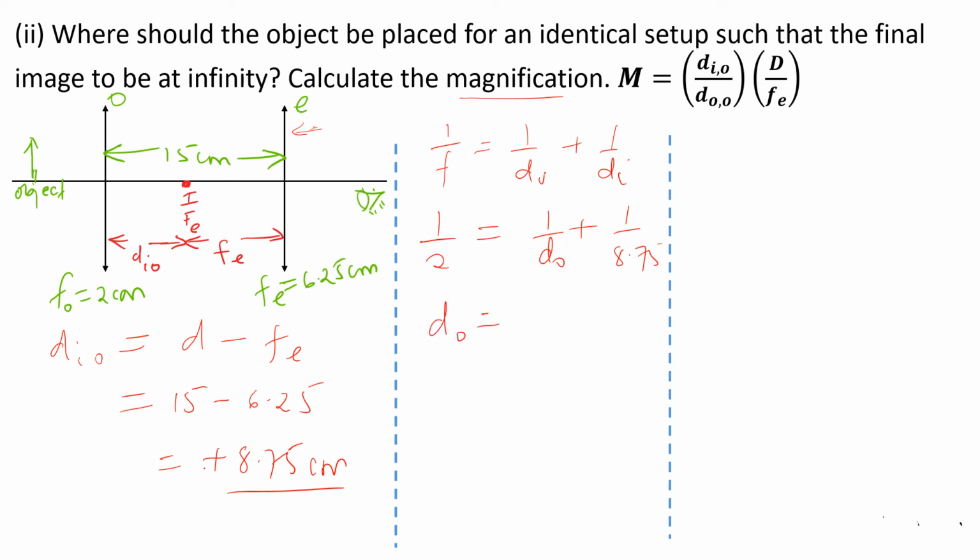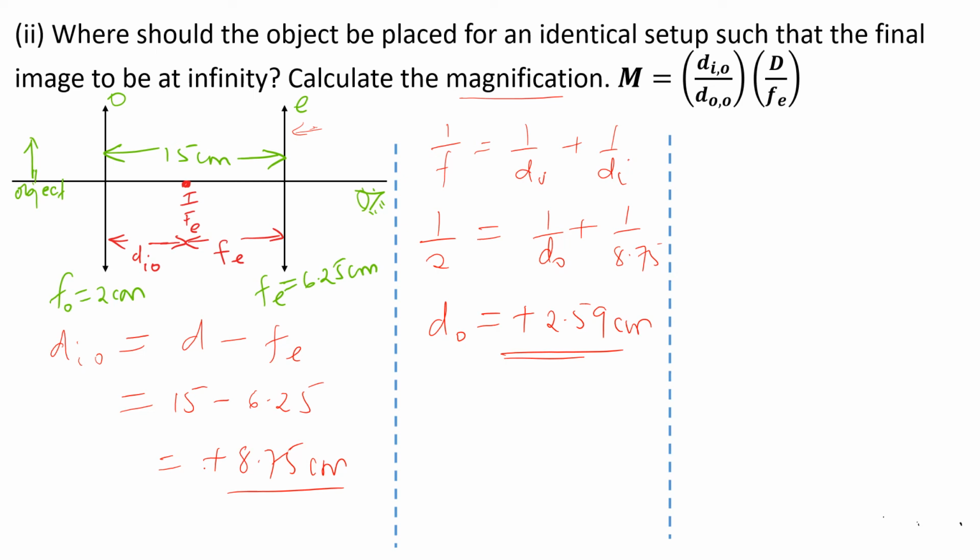The object now becomes positive 2.59 centimeters. Positive again means that the object is real, so we should place the object at a distance of 2.59 centimeters from the objective lens.